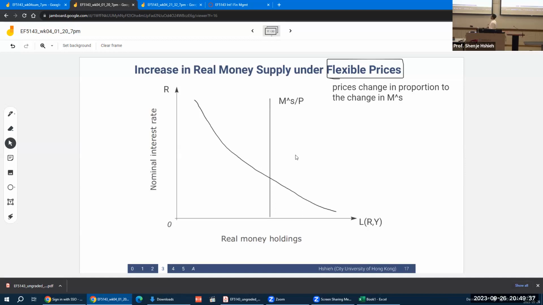So if that's the case, does anything change in this graph? No. Okay. So nothing changes when we have flexible prices. So the real money supply does not change with flexible prices, and therefore our long-term equilibrium interest rate stays the same.